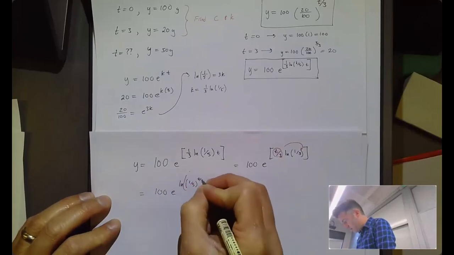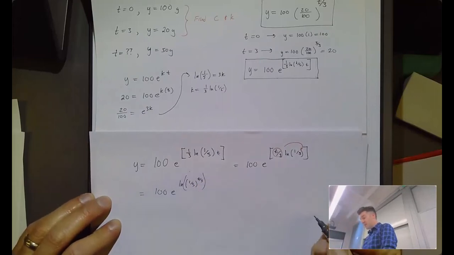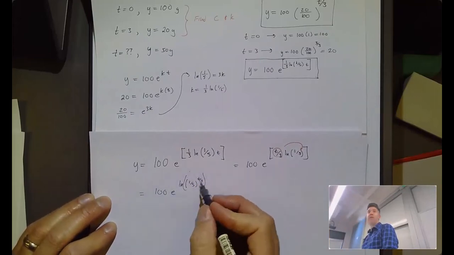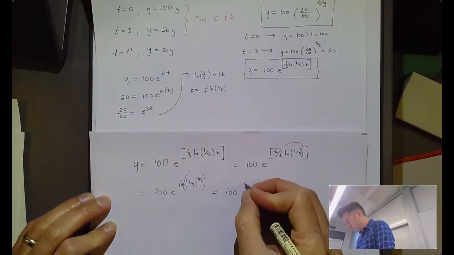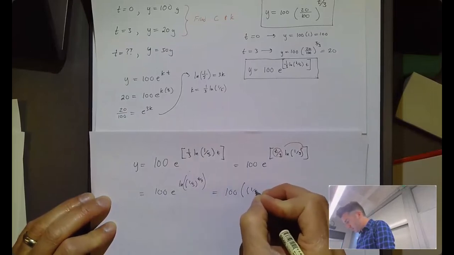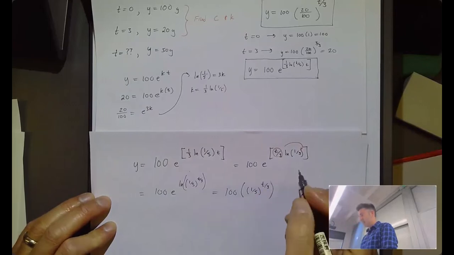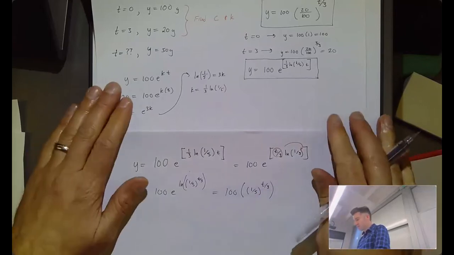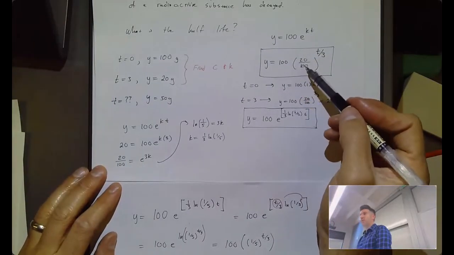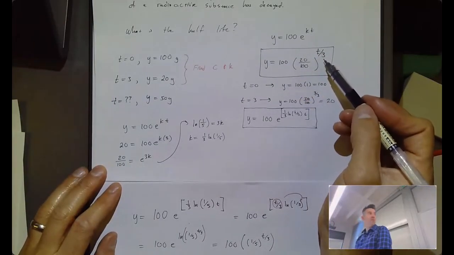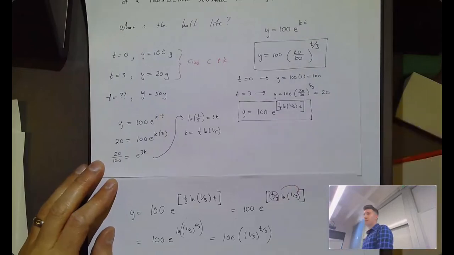And then I think we can see it. E to the natural log of whatever is just the whatever. So this is 100 times 1/5 to the t over 3. But that's exactly what we have up there: 100 times 1/5 to the t over 3. They're totally the same. It's kind of cool.